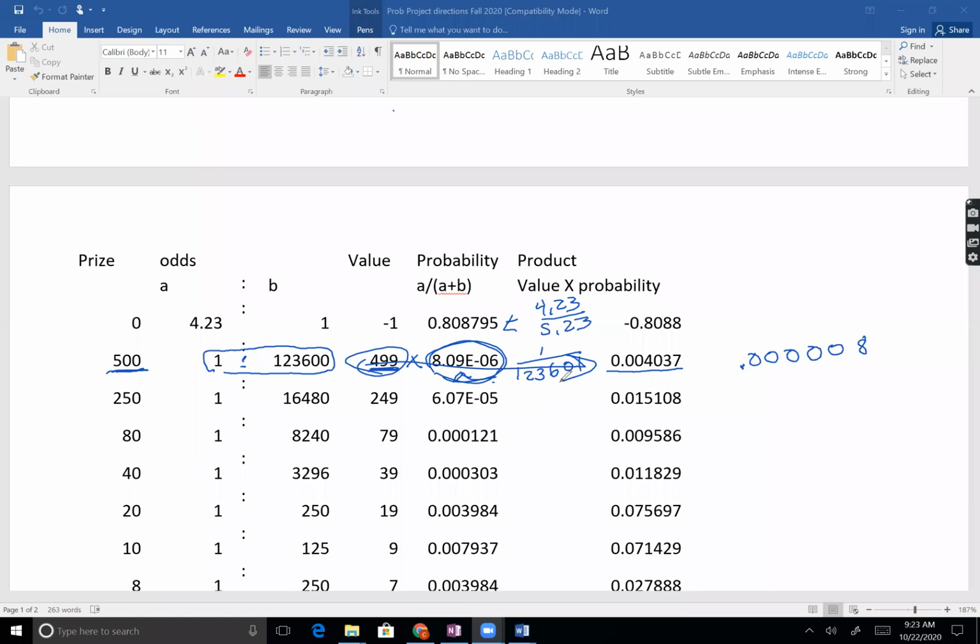Did you multiply 500 times 4.23? I'm just trying to figure out how you got the 1, 2, 3, 600 value. That number came from the website.